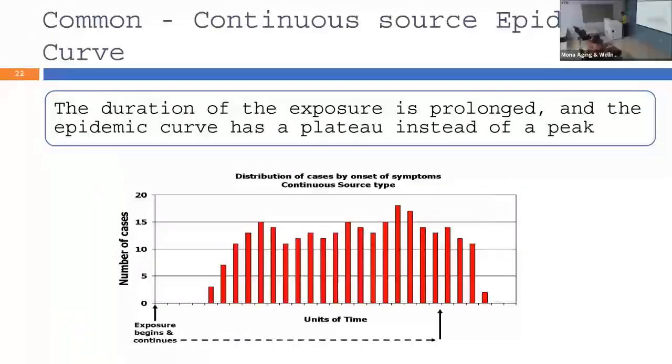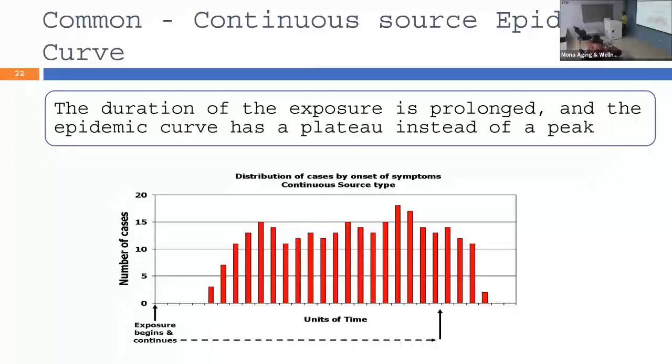For the common source now, but continuous, the duration of exposure is over a more prolonged period of time. So you have a more gradual upslope and then a plateau. People are still being exposed over a longer period of time. An example would be the cholera outbreak from a contaminated water pump, where people get exposed, you have infection, but they're constantly drinking water from the same source.